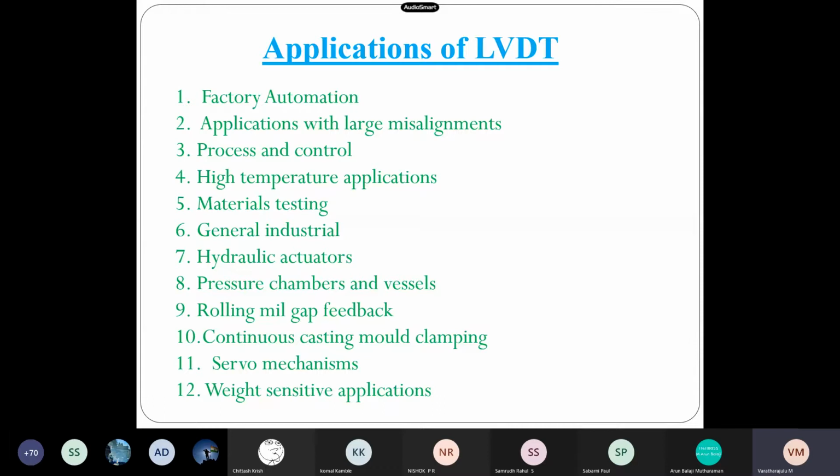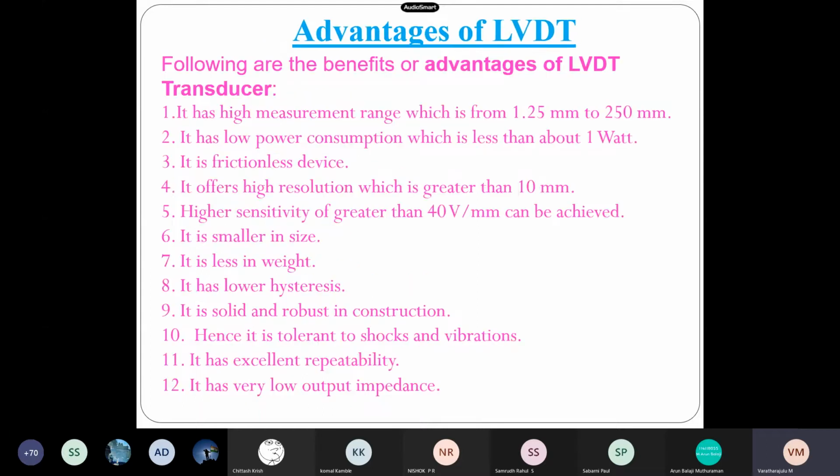Various applications of LVDT are in factory automation and process control, high temperature applications, material testing, industrial applications, hydraulic actuators, applications related to larger misalignment, pressure chambers and vessels, rolling mills, casting mold clamping, servo mechanisms, and weight sensitive applications.